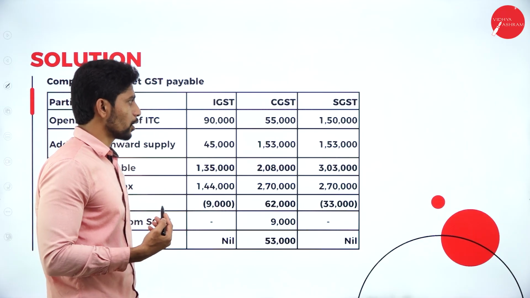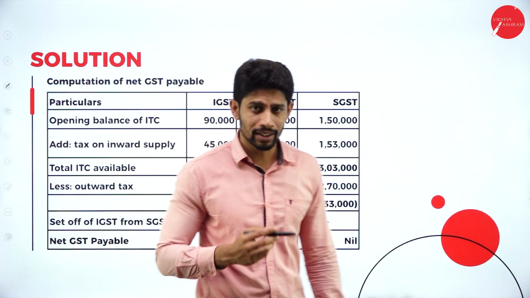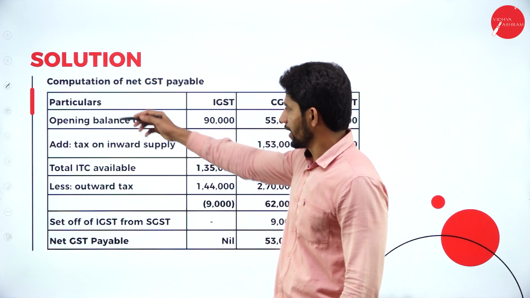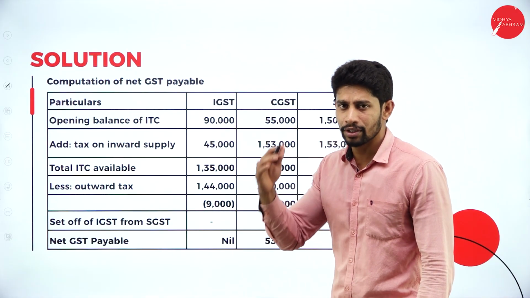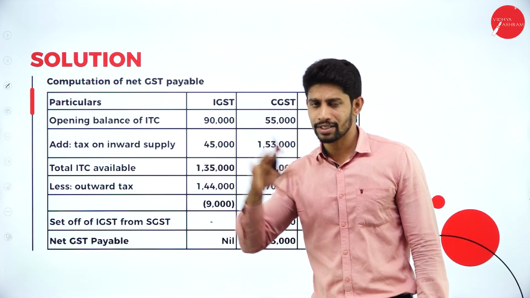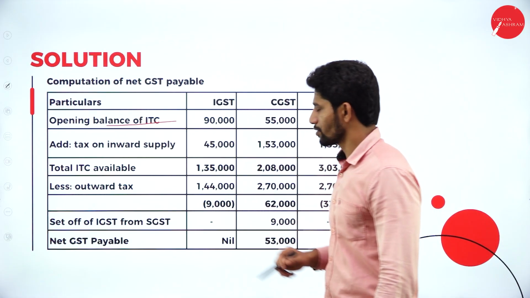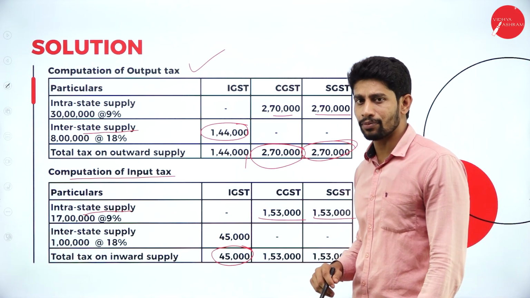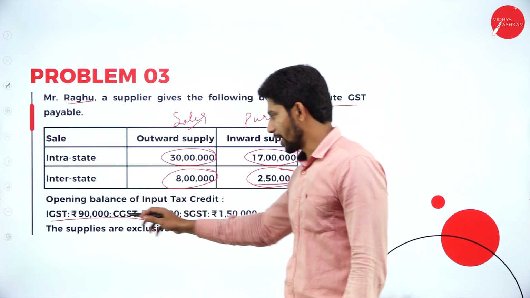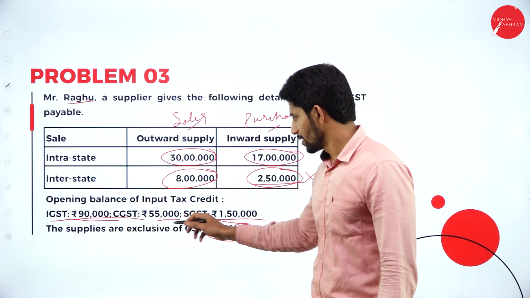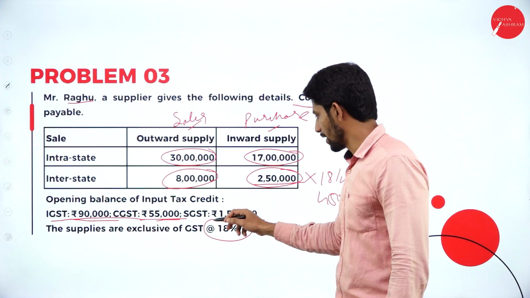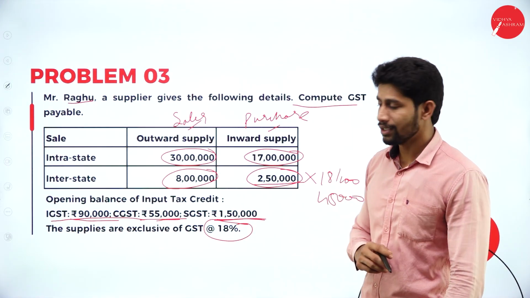So now finally compute the net GST payable. The format is same, particulars, IGST, CGST, SGST. First you are supposed to write the opening balance of input tax credit, which is there in the problem itself. IGST is 90,000, CGST is 55,000 and SGST is 1,50,000.